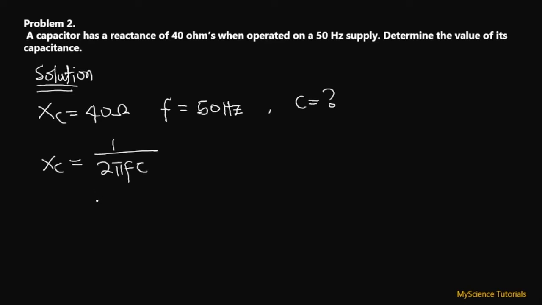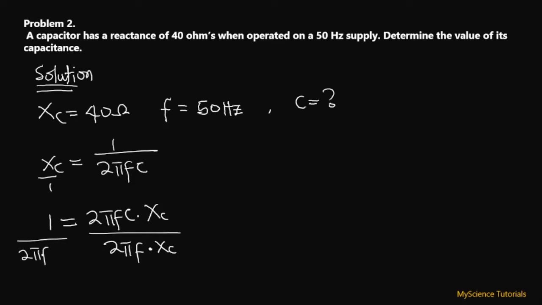Now if we cross multiply to make C the subject, we're going to have this divided by 1. So 1 multiplied by 1 will give us 1, equal to XC multiplied by 2 pi FC. So to make the capacitance the subject, we divide both sides by 2 pi F multiplied by XC, to leave C alone.